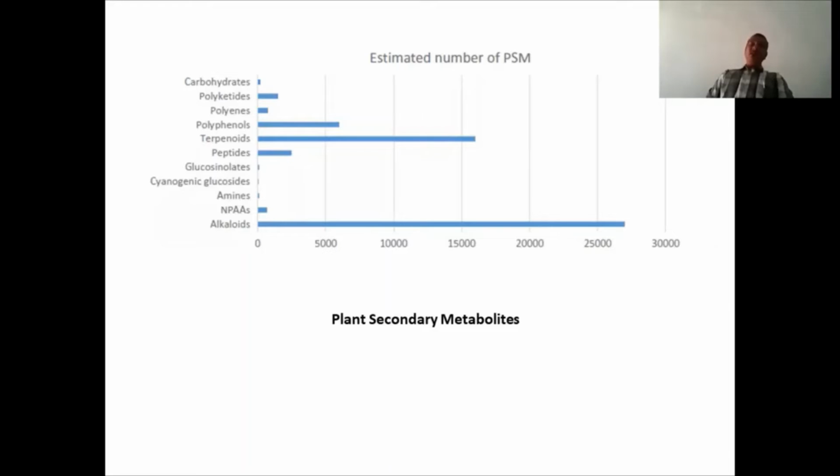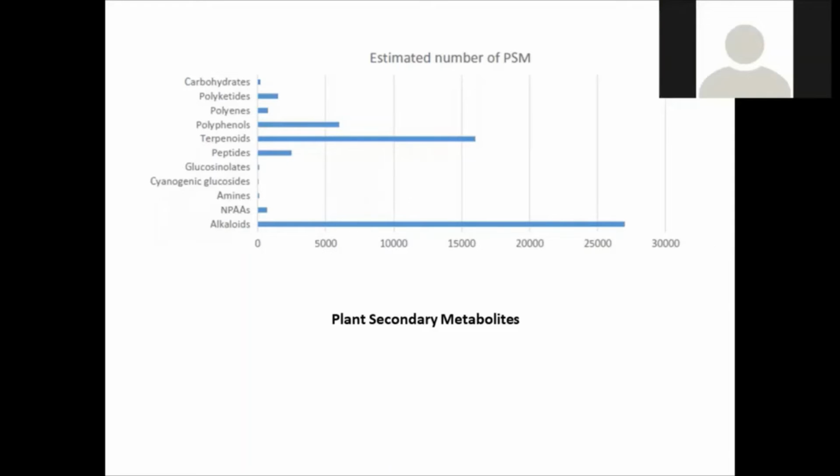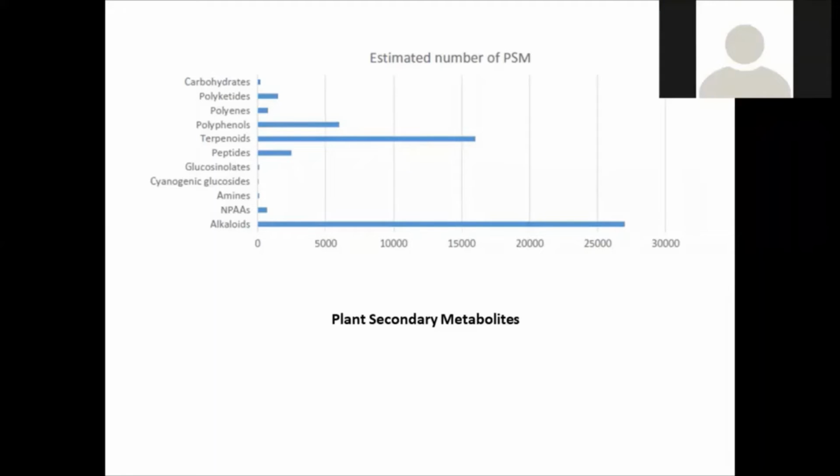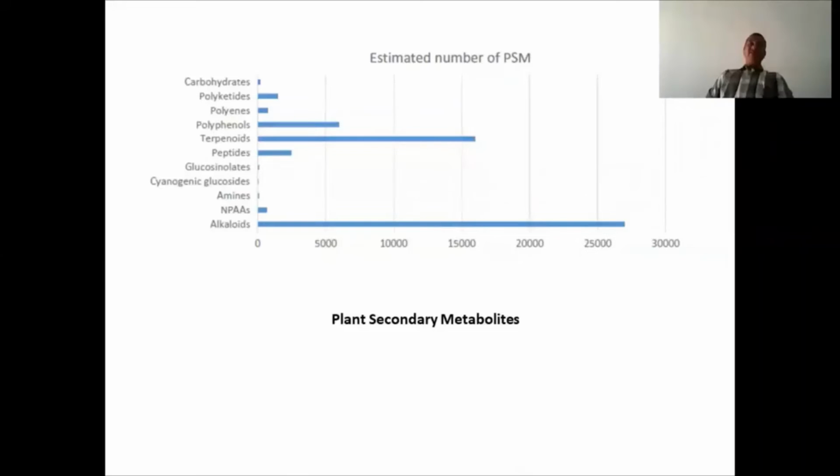There are 4 different kinds of secondary metabolites which are fewer compared to alkaloids and terpenoids. The rest: first rank alkaloids, second terpenoids, third polyphenols, then peptides, polyketides, polyenes. These are the different other groups of secondary metabolites given in the graph.